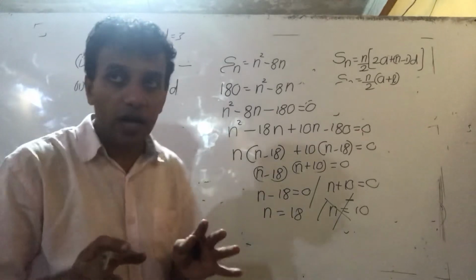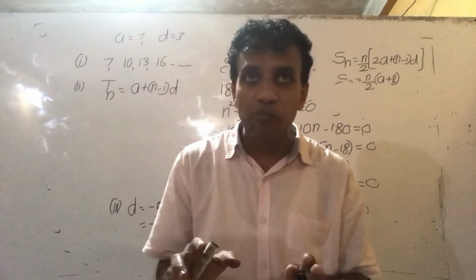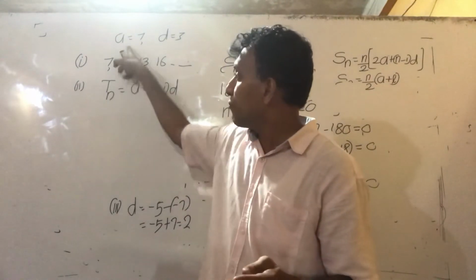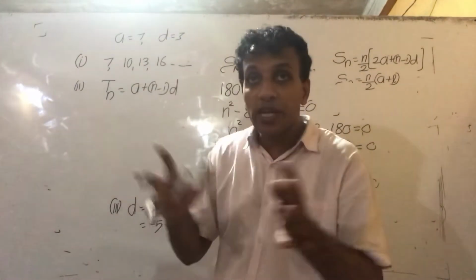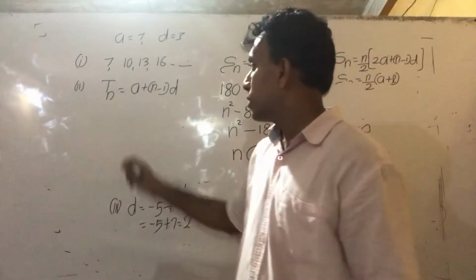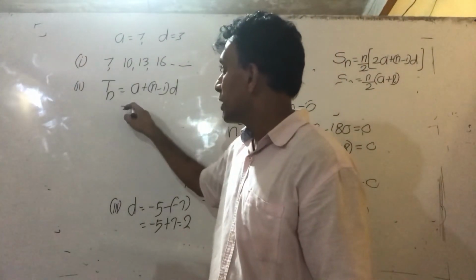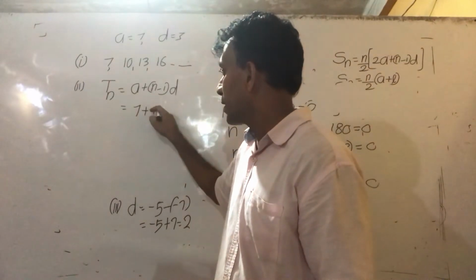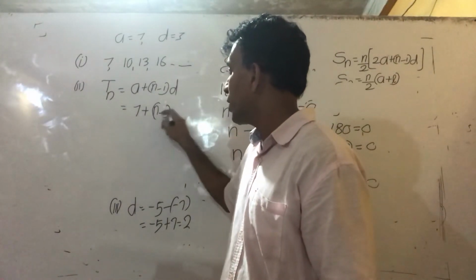Now if they ask to write the nth term for a particular problem, you put n for n, 7 for A, 3 for D and simplify. So what is that? 7 for A, n for n, common difference 3.